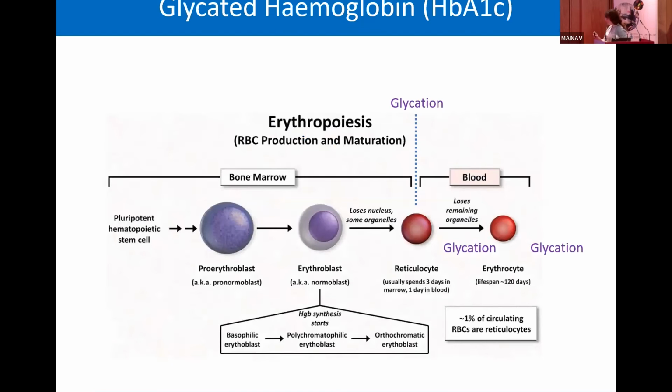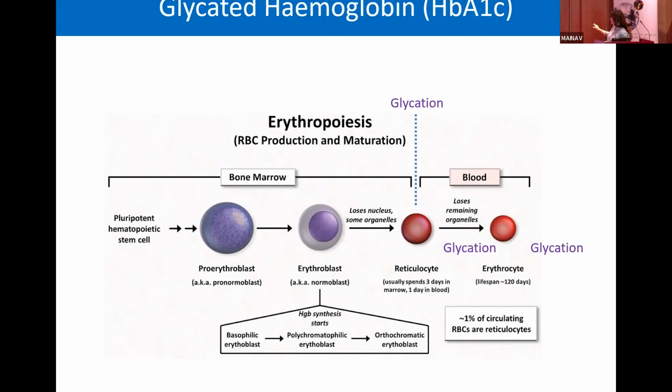So anyway, HbA1c is basically glycation that occurs in the red blood cells. For those of you that aren't familiar with red blood cell development, which I wasn't, they start off, let's say here, as a reticulocyte, a young red blood cell. And the glycation occurs throughout their life as they mature.